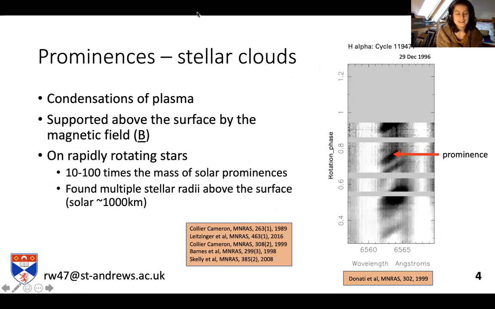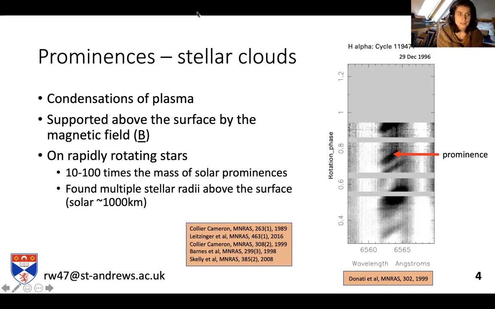Taking a step back and away from the winds onto the prominences, I mentioned at the beginning that a prominence is a condensation of plasma and that it's supported above the surface by closed magnetic field lines. We see them on the sun, but on rapidly rotating stars, prominences are much larger in mass and extent than they are on the sun.